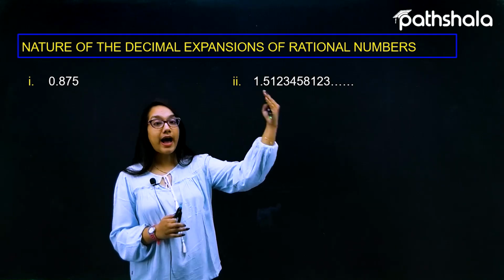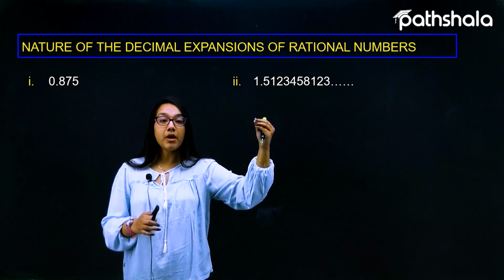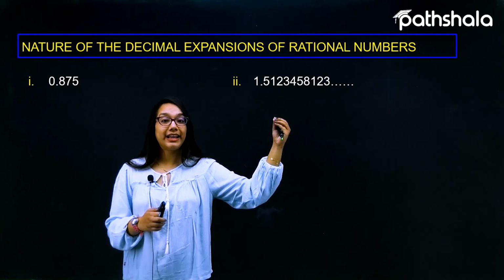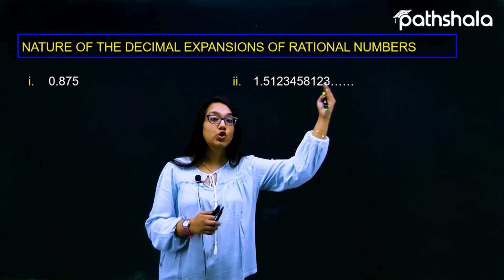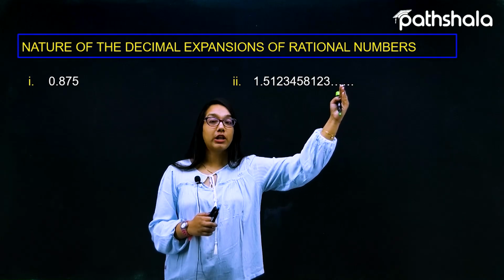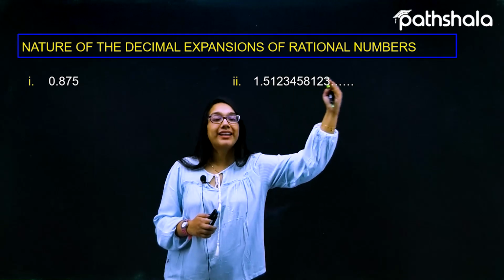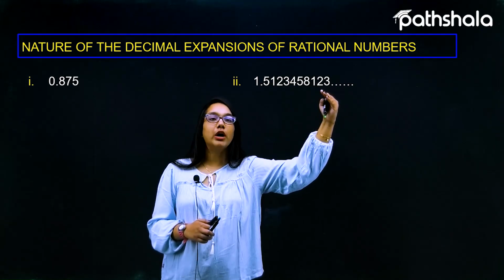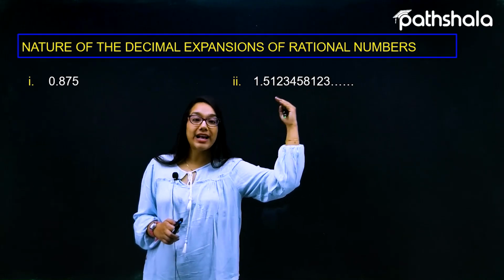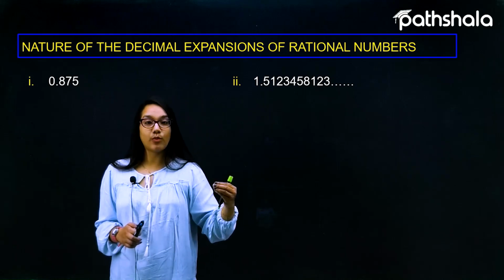But on the other hand, the second number is a non-terminating one, because it still goes on without repetition, and there does not exist any string of numbers that repeats itself. Such a type of decimal expansion is called a non-terminating one.